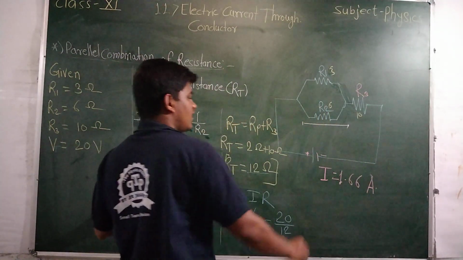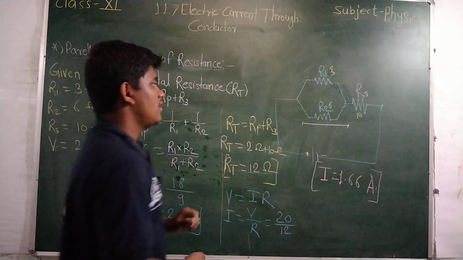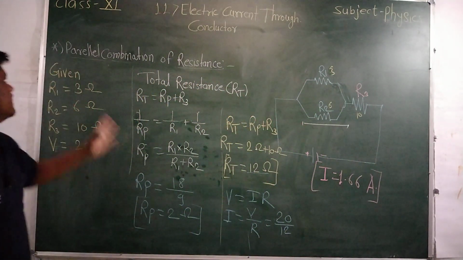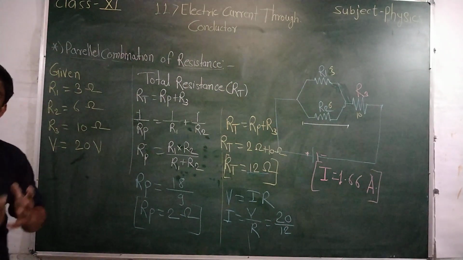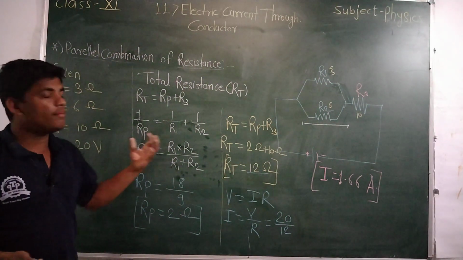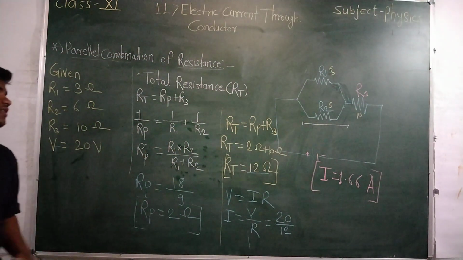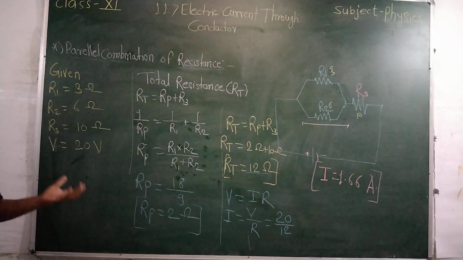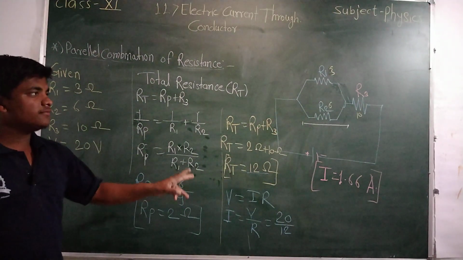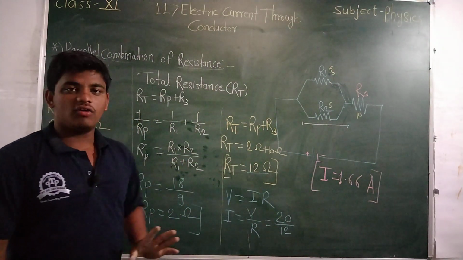This is the total current flowing through the given circuit. In this lecture we discussed the parallel combination of resistance, revised and compared series and parallel combinations of resistance, and solved one problem for the study of both series and parallel combinations.